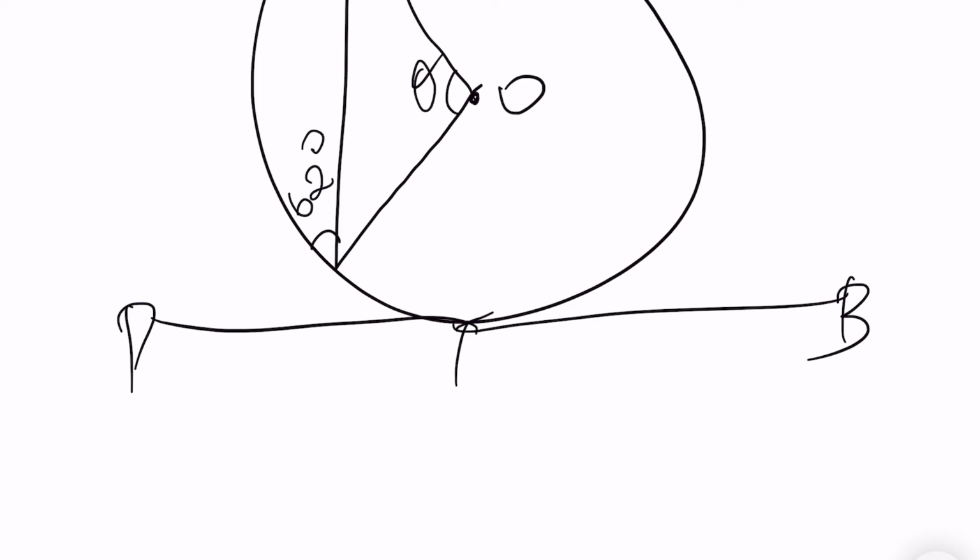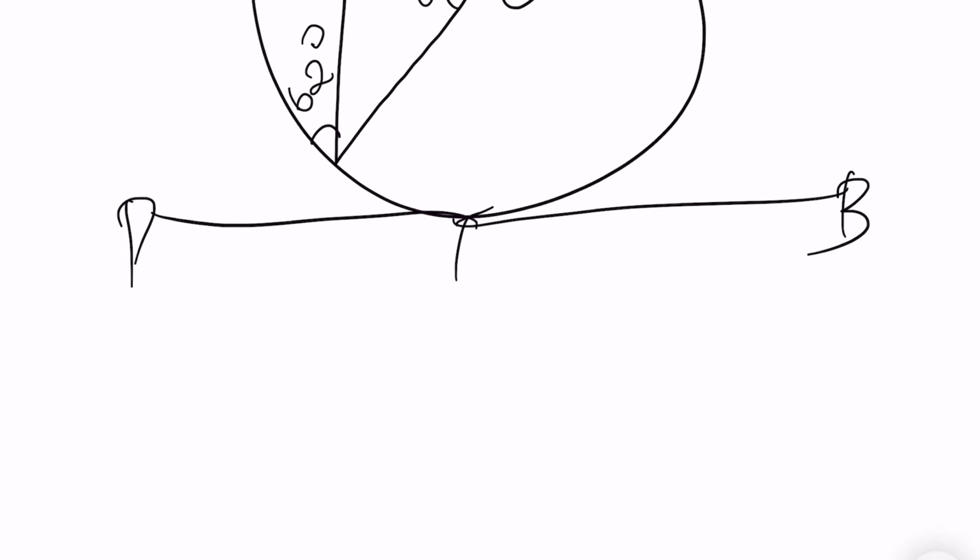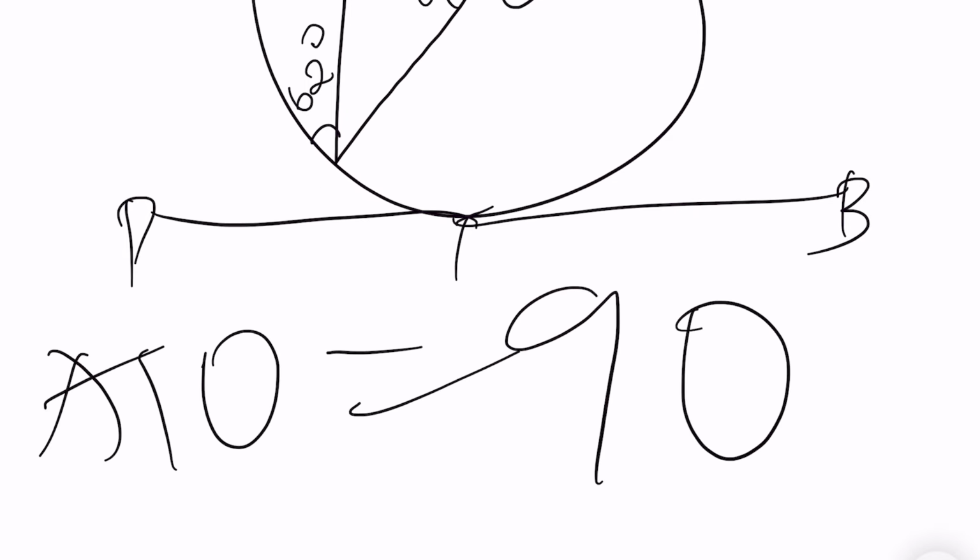The first thing that is important to know is that our ATO is 90 degrees, which is the radius to the tangent.